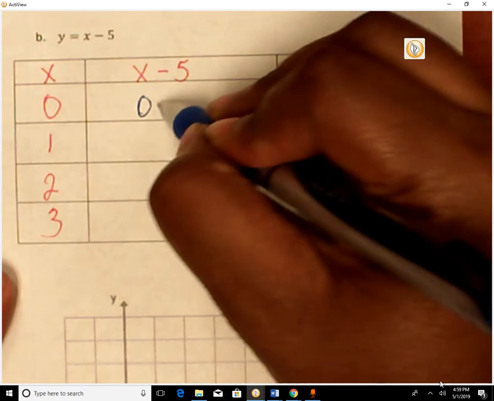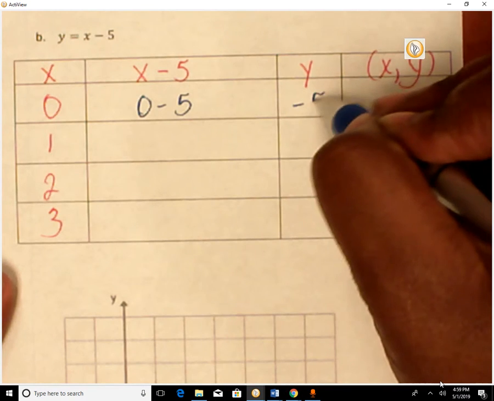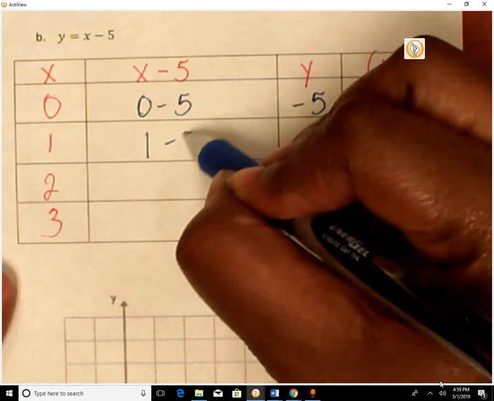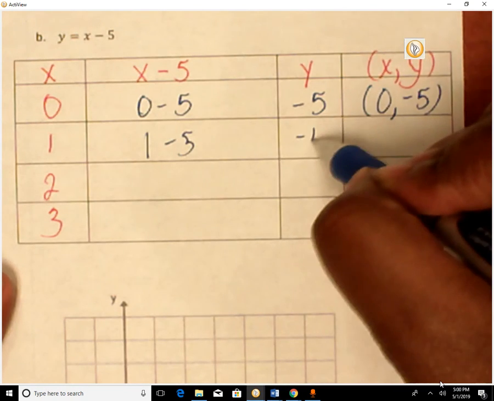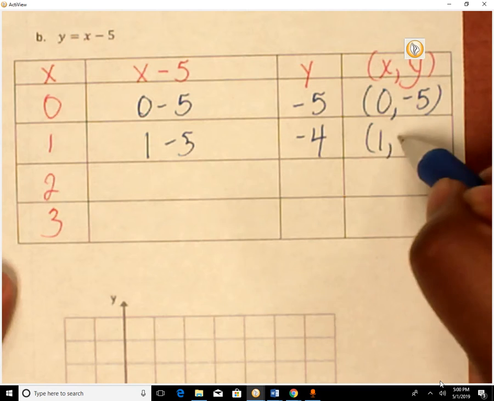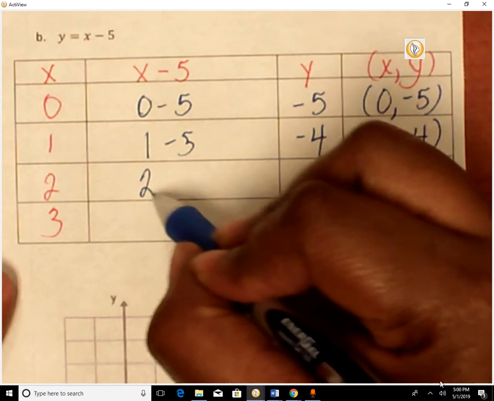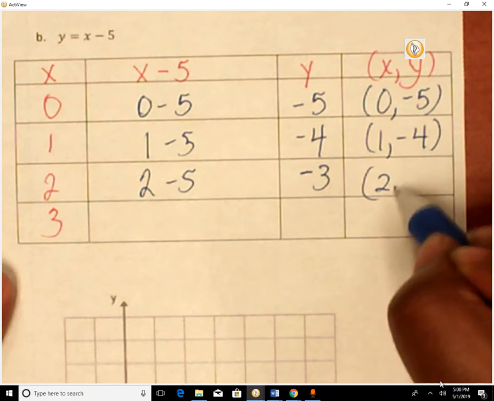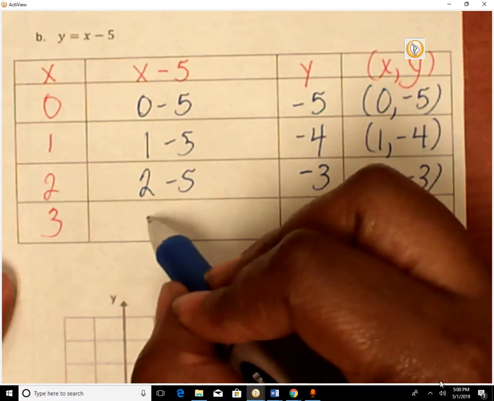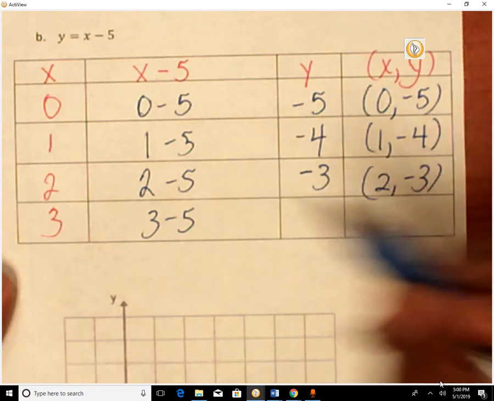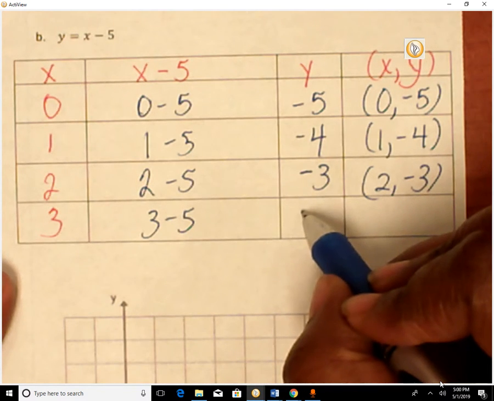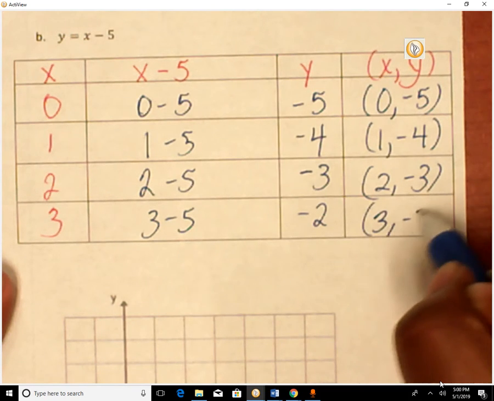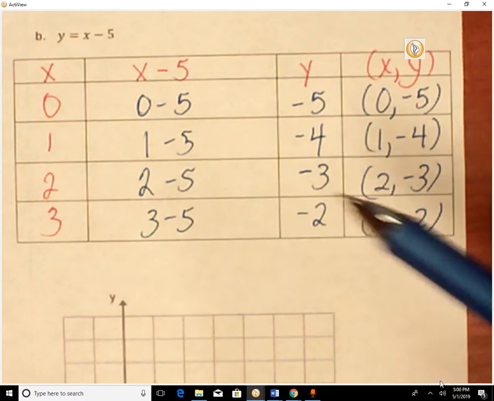So 0 minus 5 is going to be negative 5. 0, comma, negative 5. 1 minus 5 is negative 4. 1, comma, negative 4. 2 minus 5 is negative 3. 2, comma, negative 3. 3 minus 5 is negative 2. 3, comma, negative 2.